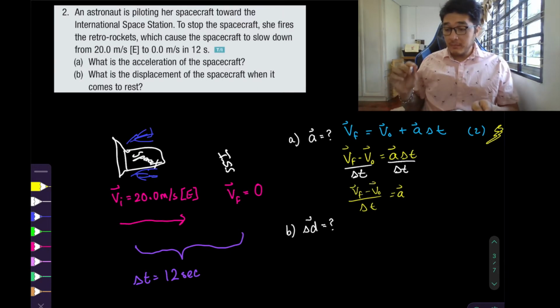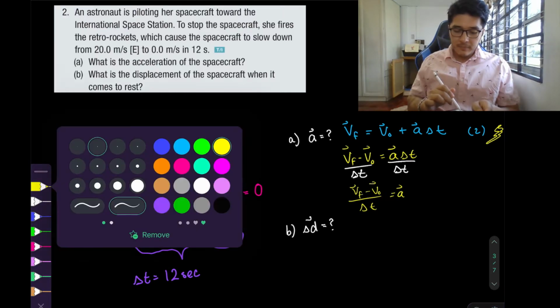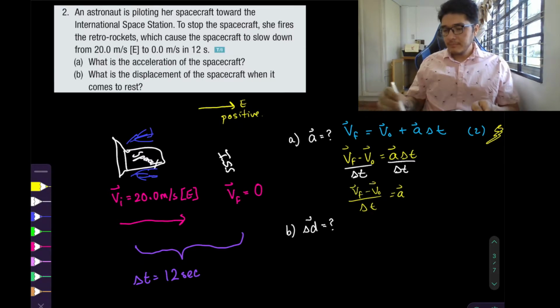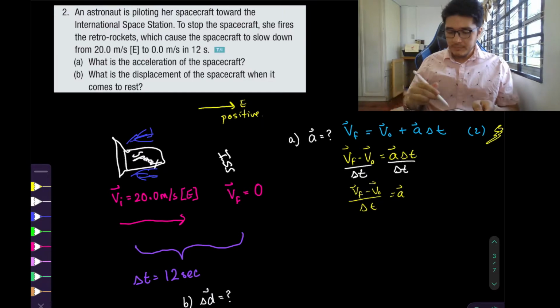All right, before we plug in the values, let's use our convention, and let's assume east is going to be our positive direction. So final velocity is 0 minus v initial, which is 20 meters per second east, but east is positive, so we could just write 20.